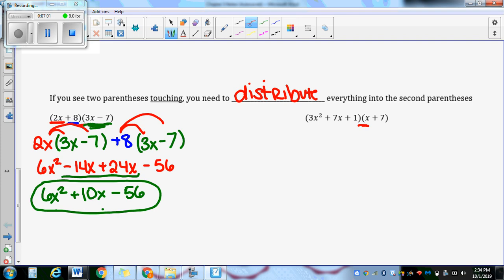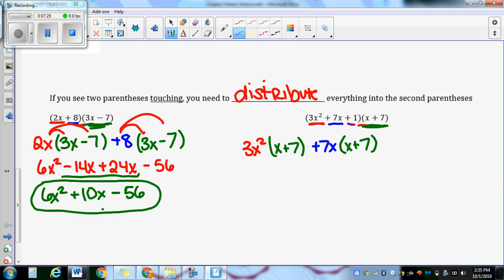So let's try setting up the last one. I have 2 parentheses touching, so everything in the first parenthesis needs to get distributed to the second. So I'm going to start with the 3x squared and distribute it into this x plus 7. I'm going to take this plus 7x and distribute it into this x plus 7.